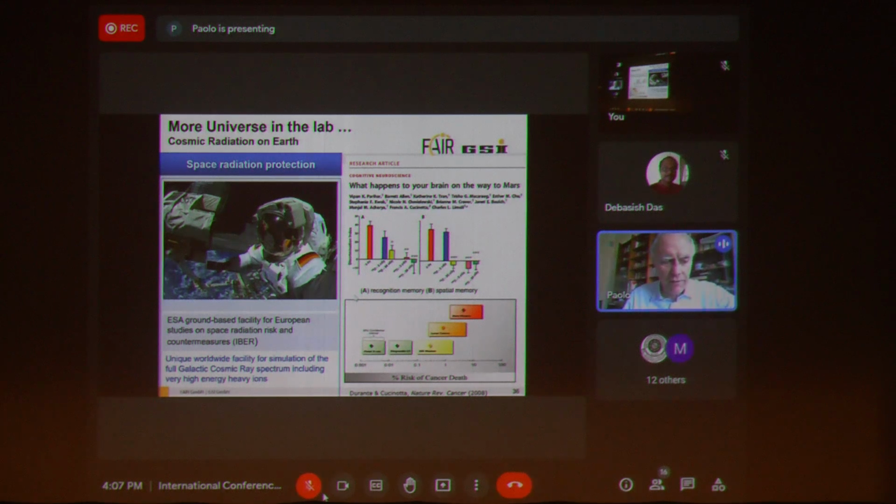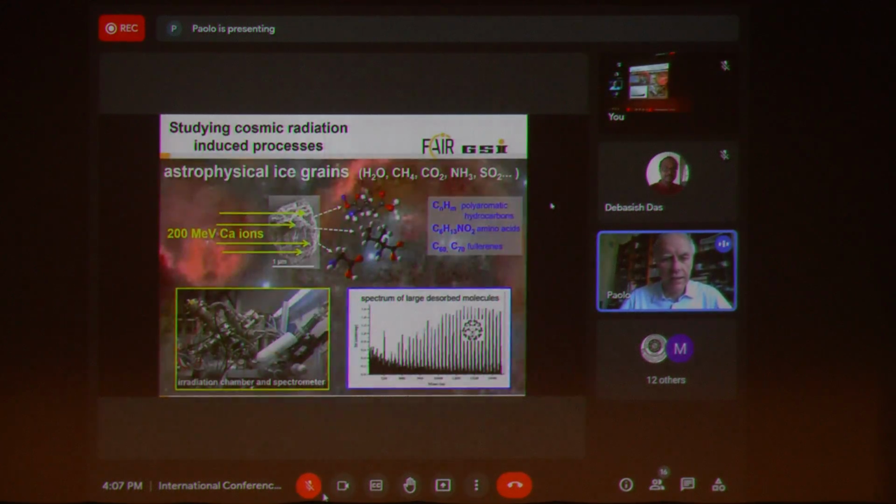But for that, you need to have a reliable reproduction, I would say simulation, of the spectrum of space radiation, and then you can do it at FAIR. Similarly, you want to know where complex molecules are built. We think that one of the key factors to create complex molecules is the effect of cosmic radiation on interstellar dust.